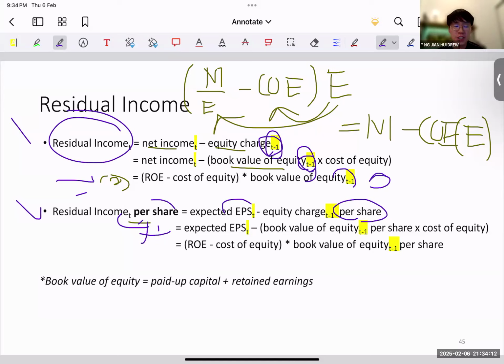And then maybe the question is, what is book value of equity? Book value of equity generally refers to any payout capital plus your retained earnings. Clarifies.